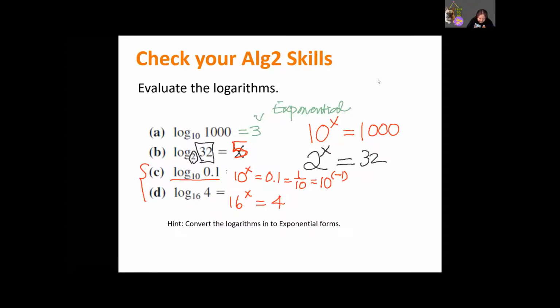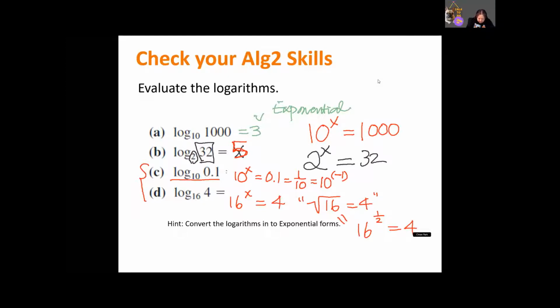Okay, so then now I can rewrite it. 16 raised to the power of 1/2 is actually the same thing as the square root of 16, which is 4. Then that's equal to 4.